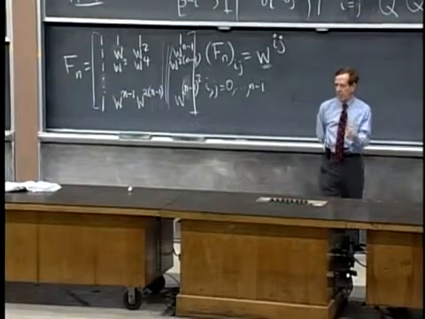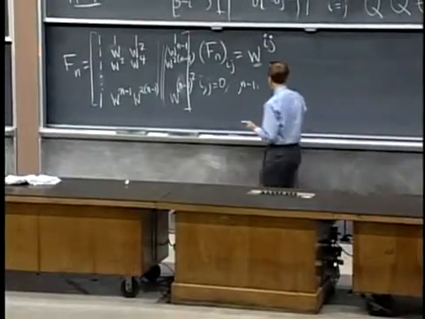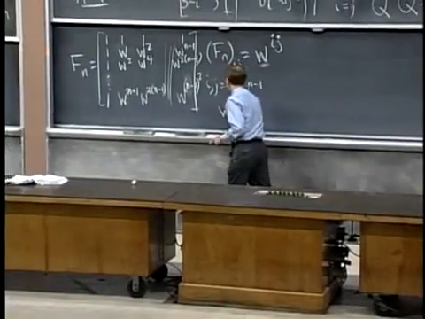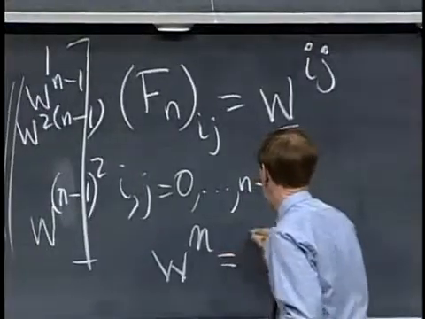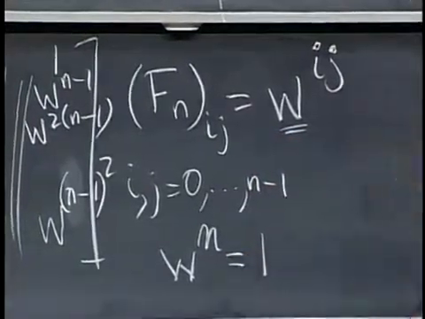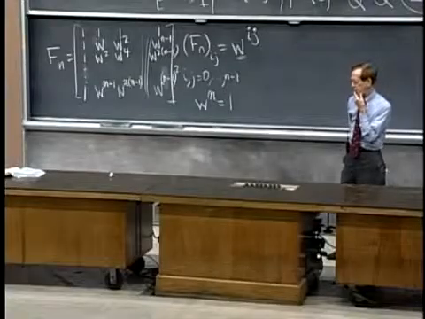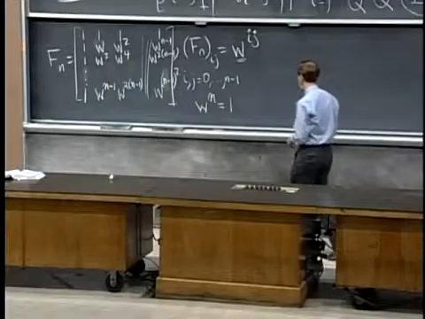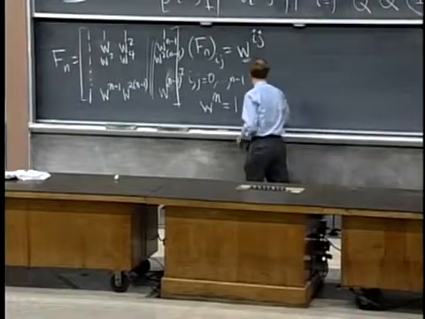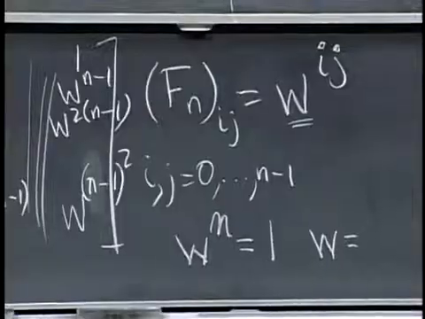But w is a very special number. W is the special number whose nth power is 1. In fact, there are n numbers like that. One of them is 1, of course. But the w we want is the one where the angle is 2 pi over n.